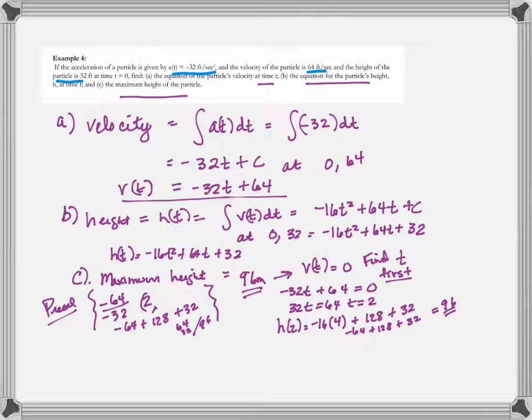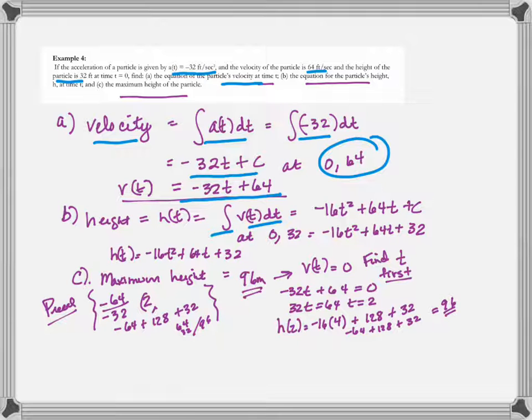So it wants the equation for the velocity. So here you go. Velocity is the integral of acceleration. So if it was negative 32 dt, you get negative 32t plus c. Use that initial condition to get v of t is negative 32t plus 64. So that's no problem. Now height would be the integral of the velocity. That's what it asks for in B.